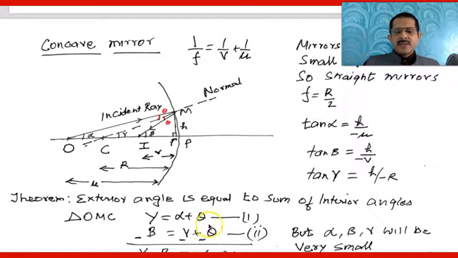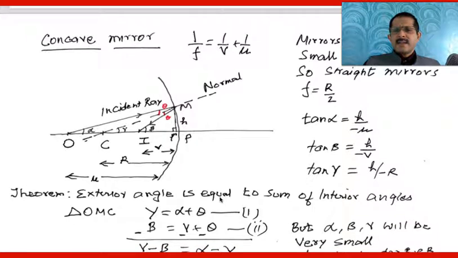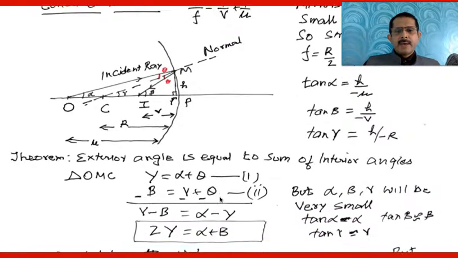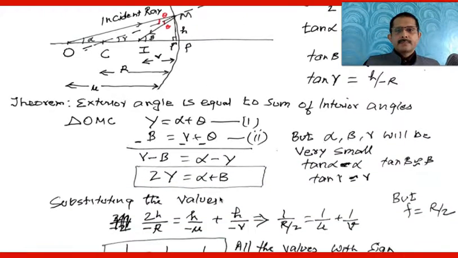I have written these two equations here and then I've just subtracted them. Let's see what comes. But before that, we have to understand it's normal mathematics. As you see here, if I subtract these two equations, you get gamma minus beta is equal to alpha minus gamma. Taking this side, we'll get 2 gamma is equal to alpha plus beta. Okay, very good.